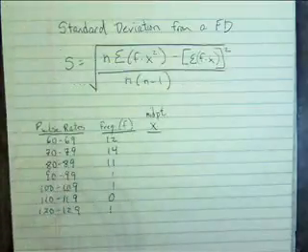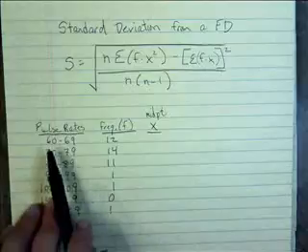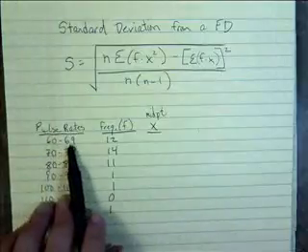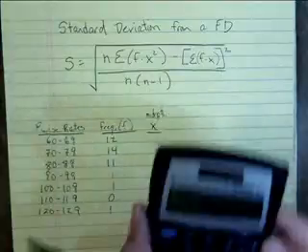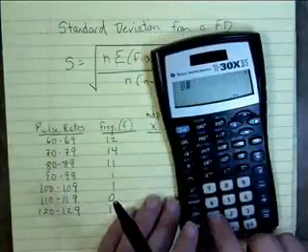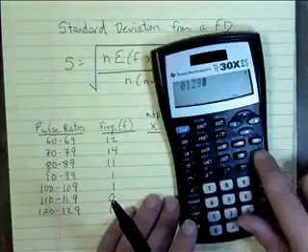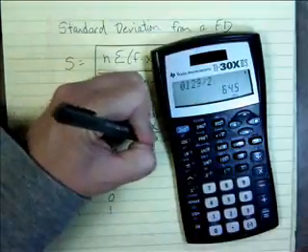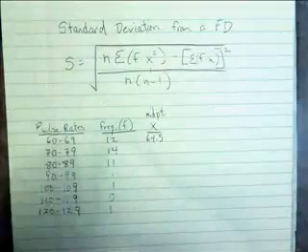If we look over here, x, remember from the previous problem that we did, is the midpoint of each of the classes. So to compute the midpoint, I would say 60 plus 69 is 129, divided by 2 is 64.5.